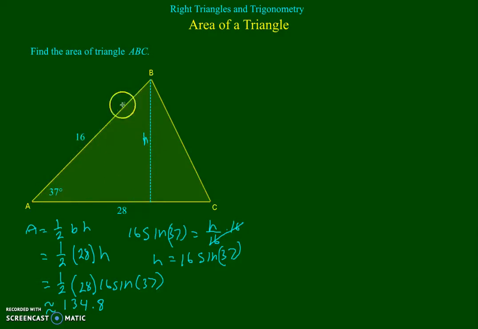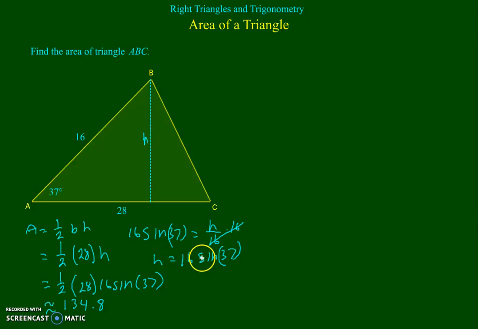Let's go ahead and recap what we did here. We described that we had this side, and this angle. So it was obvious that this was going to be the height. And the way we find that height was SOH: we set up the expression here, sine 37. And then we solved for H, multiplying both sides by 16.